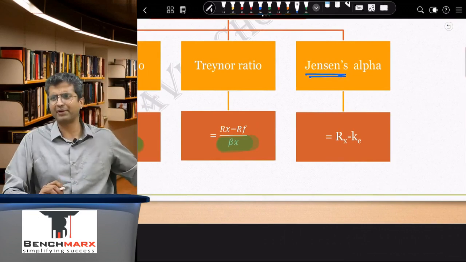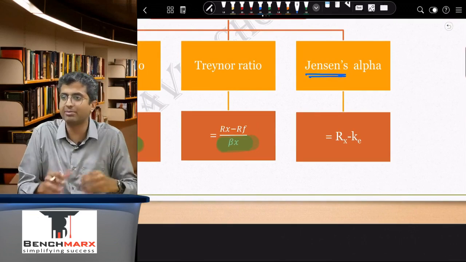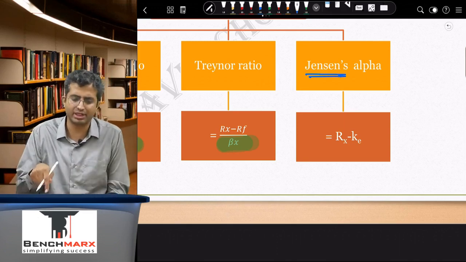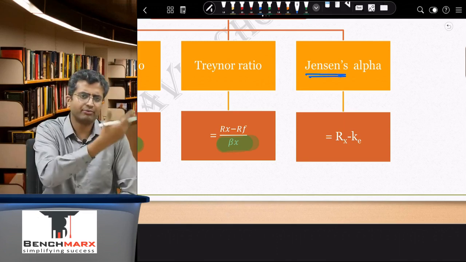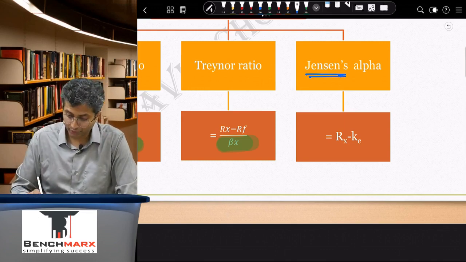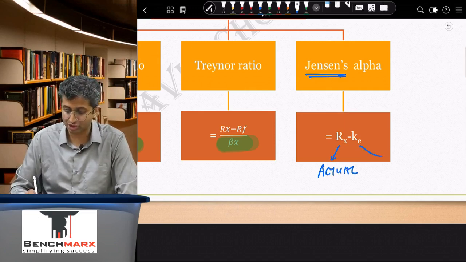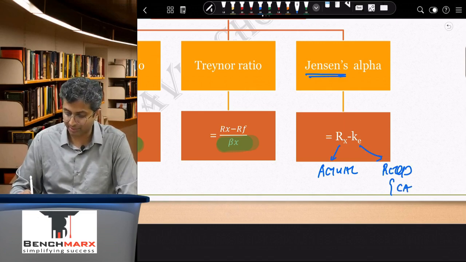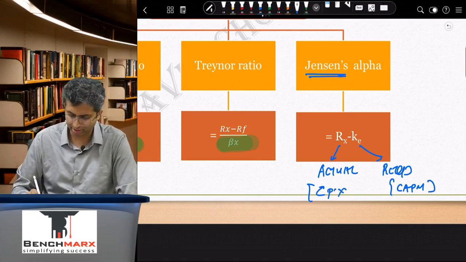We also studied alpha in the characteristic line. Well, in the exam, if you are asked Jensen's alpha, then you will take this. Otherwise, if you are asked alpha as per characteristic line, it was the other formula. Achha, over here, you calculate the actual or the forecasted return of a manager and compare it with Ke, which is the required return. This is calculated using CAPM, whereas this actual return can be calculated using summation P into X, or basically X bar.